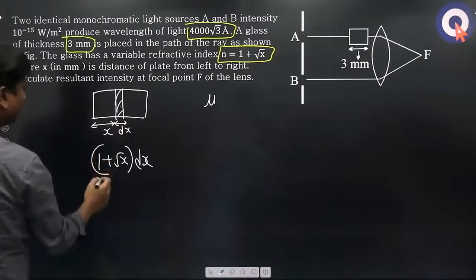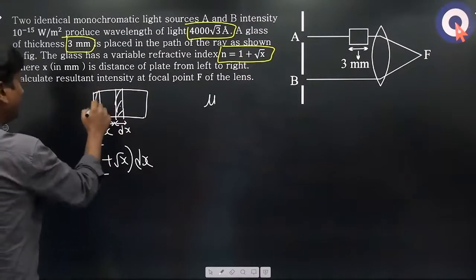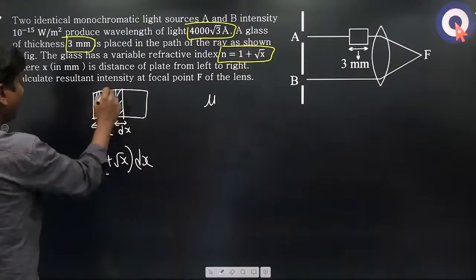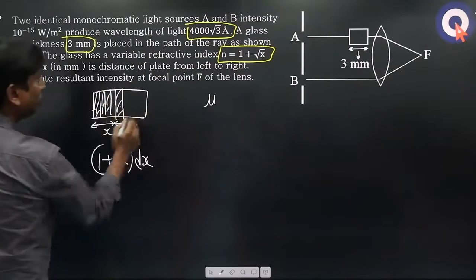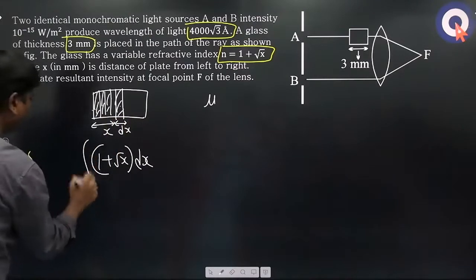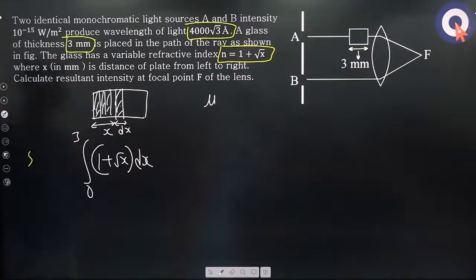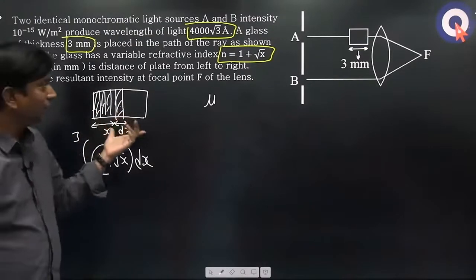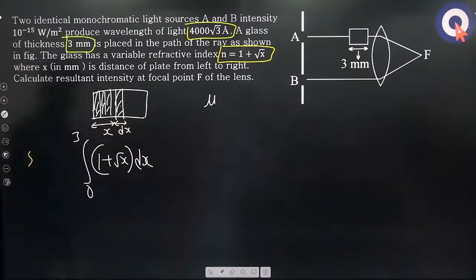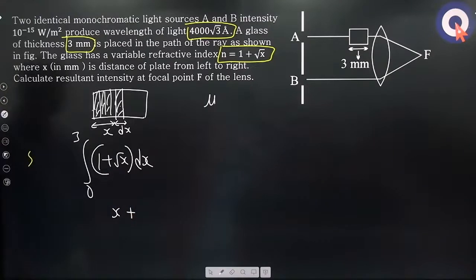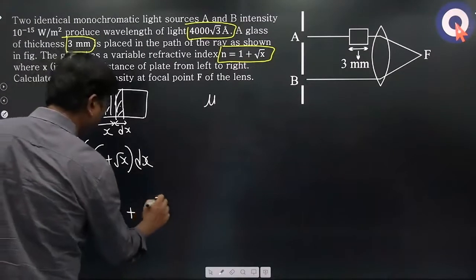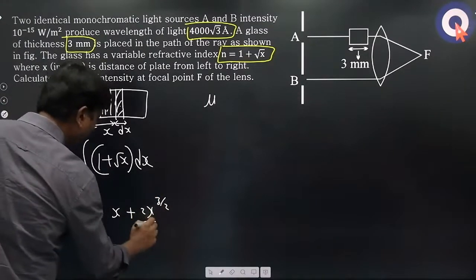And that is only for this. So similarly, this distance equivalent in air, this distance equivalent in air, all that. So from 0 to 3 mm, you have to integrate. Then this will be the total equivalent distance in air you will get. So if you do that, x plus, root x is x power 1 by 2, so x power 3 by 2 by 3 by 2, so 2 by 3, right?